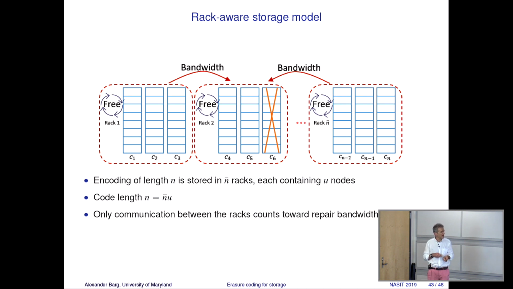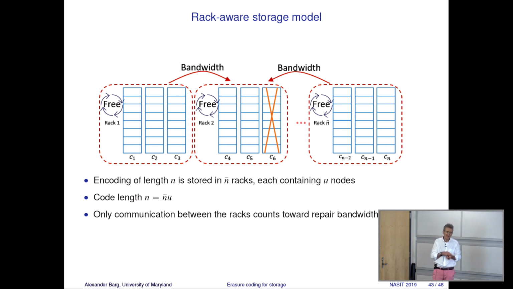Well, sticking to the rack, let us say that before communicating the repair information to the failed node, we are allowed to do some processing of the nodes on the rack. This is free, and then what we communicate is a function of all the nodes within the rack.